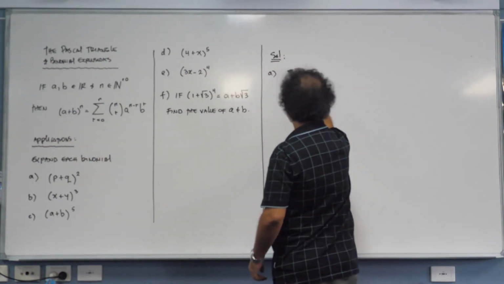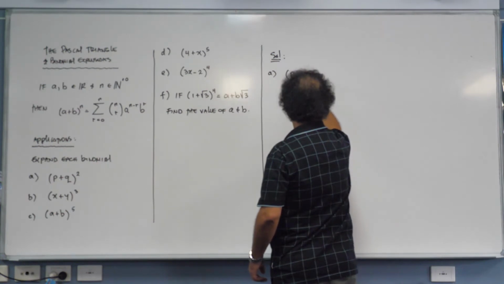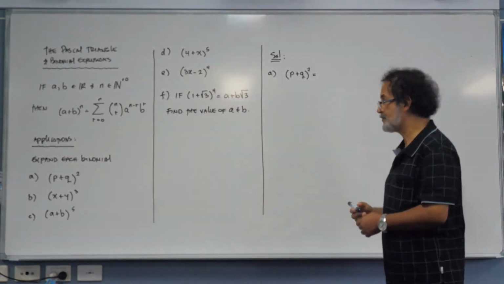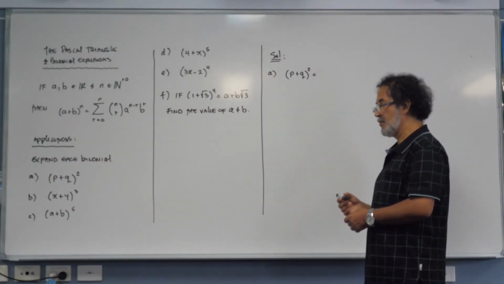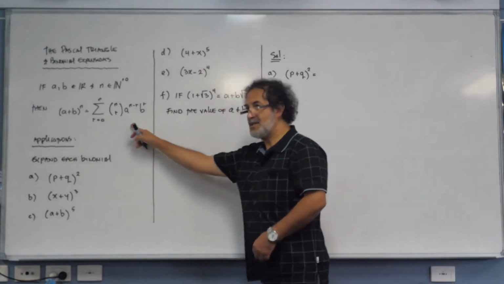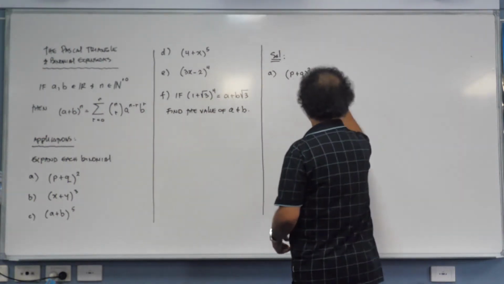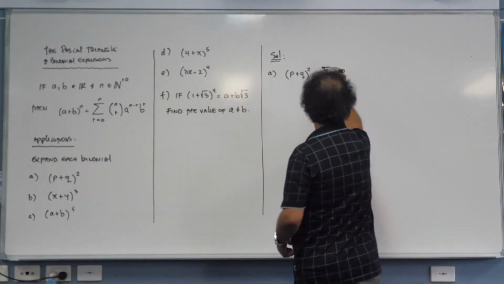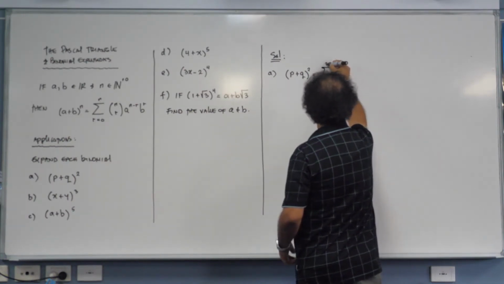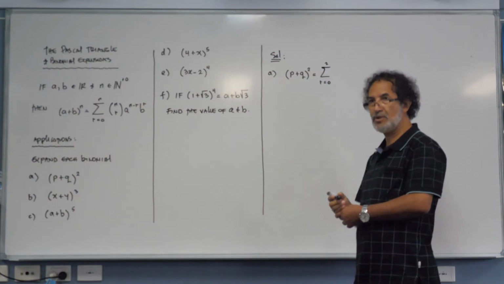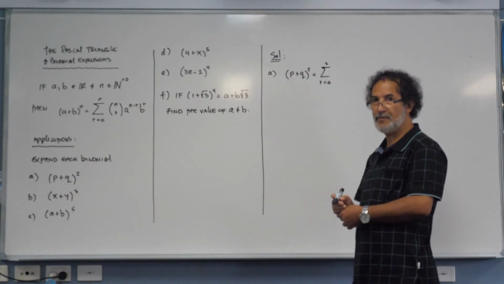Question A is p plus q squared, and we're going to write exactly what we have in here. So this is the sum from r equals 0 to 2, n in this case equal to 2. Can you see that?